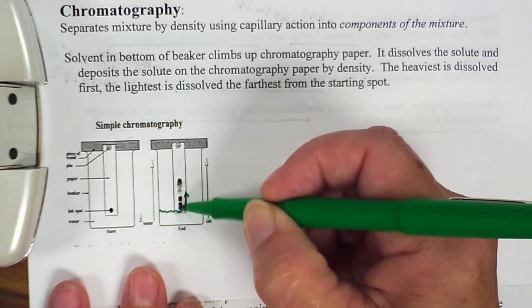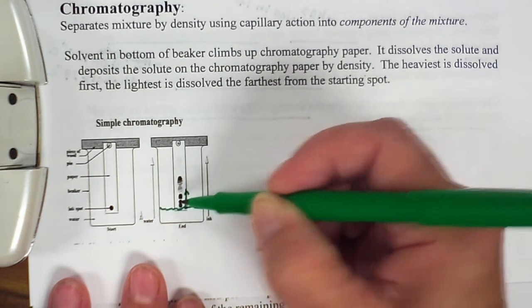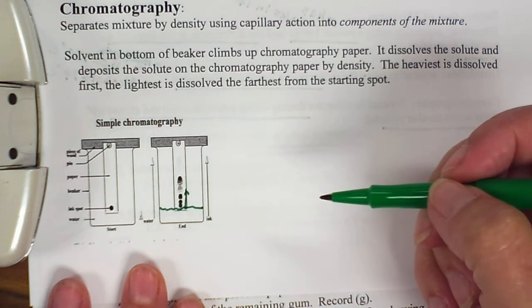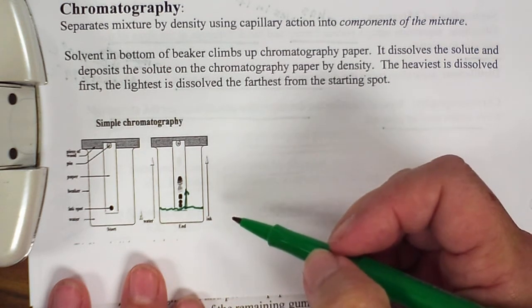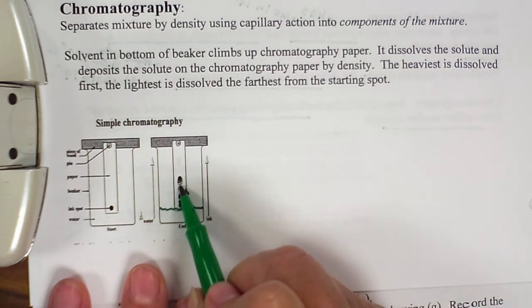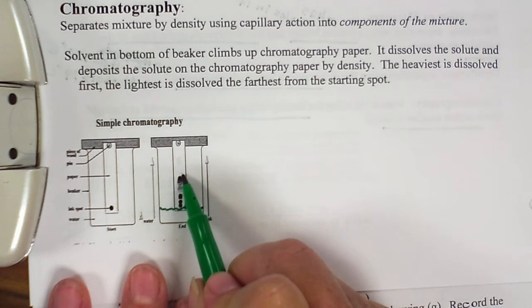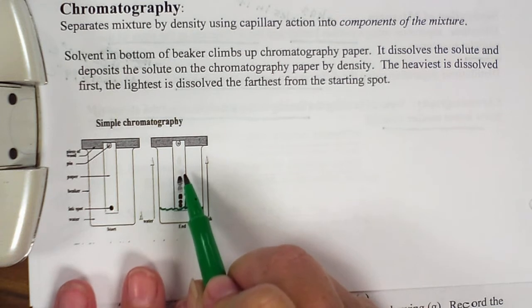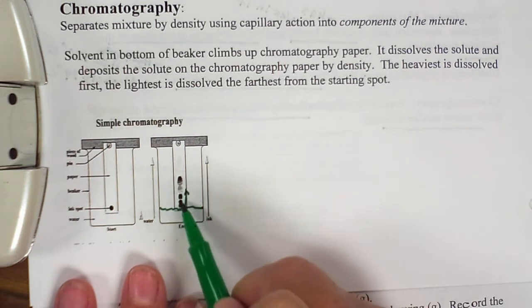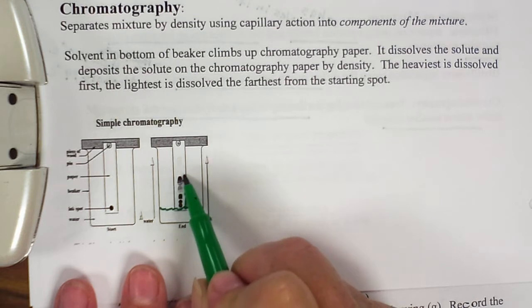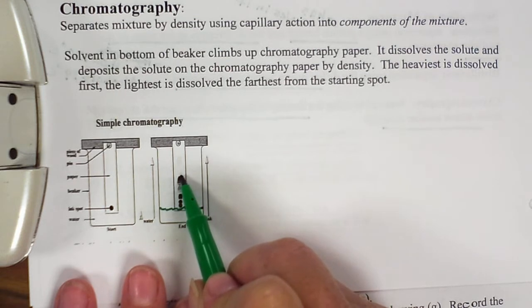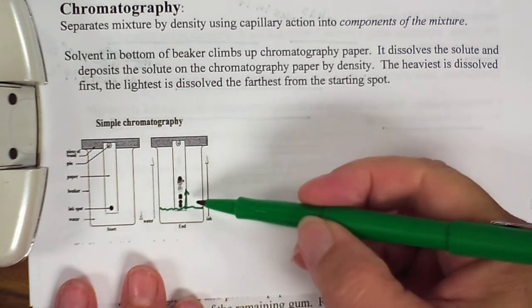As it passes over the spot of the substance, it dissolves it. And it starts to carry it up the chromatography paper with it. And it separates it out into its components. And as the components get farther and farther up the chromatography paper, they drop out according to their density. The highest density drops out first.